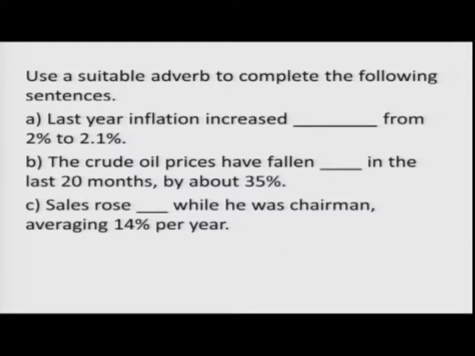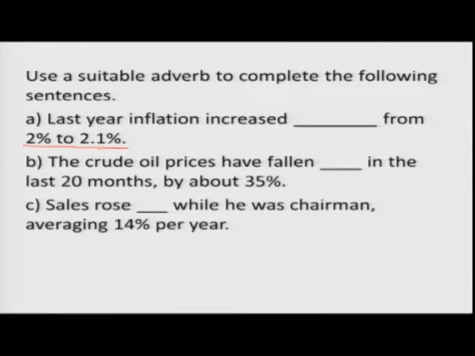In these sentences, you need to read them very carefully and then supply an adverb. Let us look at these one by one. Last year, inflation increased blank from 2 to 2.1%. So, this is the change, 2 to 2.1%. You may think it is not very significant.